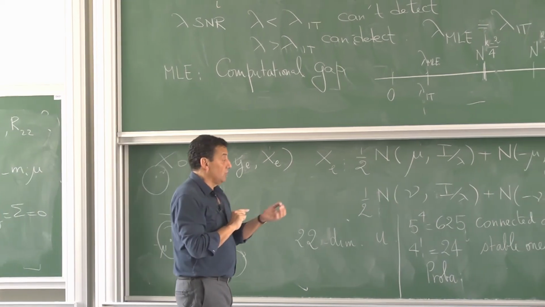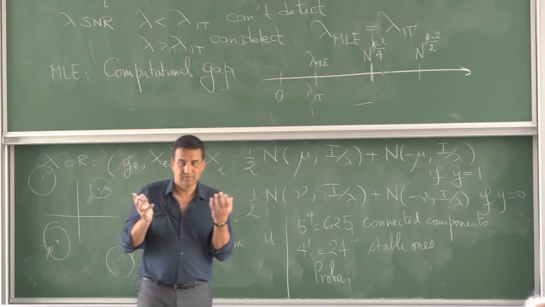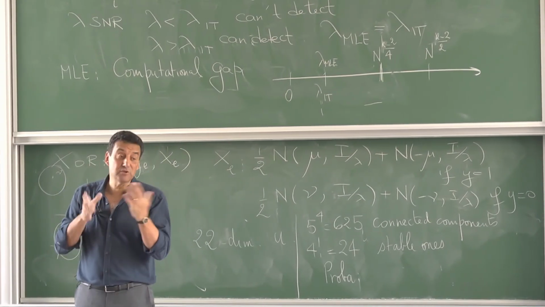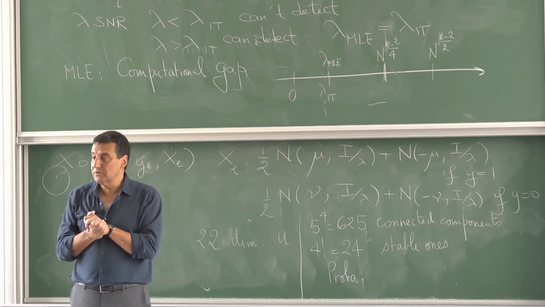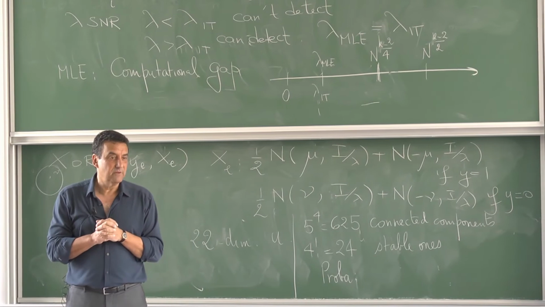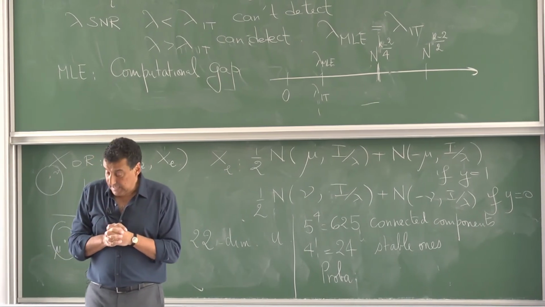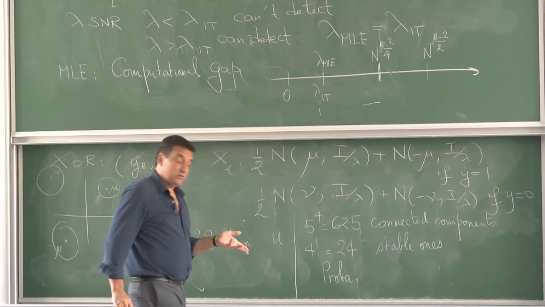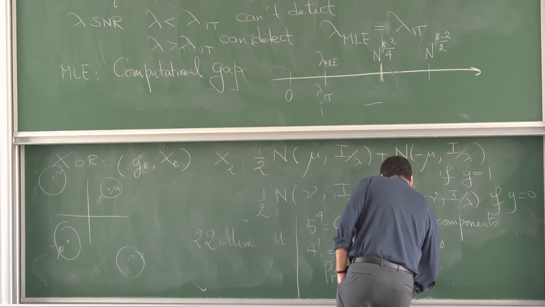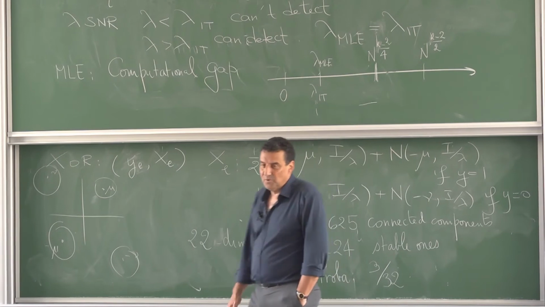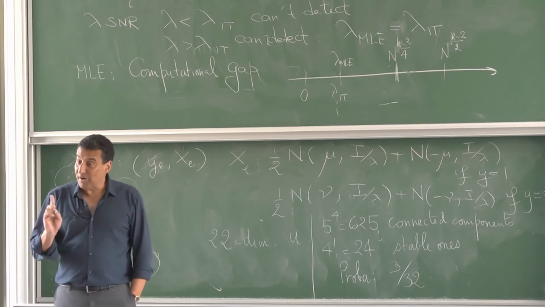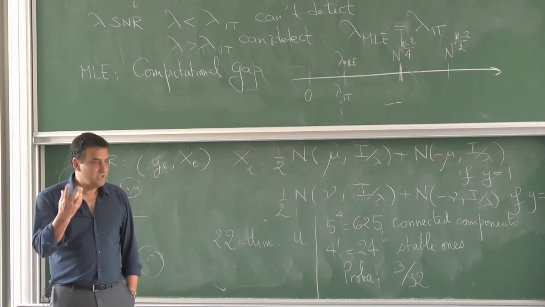Here, of course you could also have warm starts, but guessing a warm start in dimension 22, when you have 625 components, is a little more complicated, right? But so what is the probability to end up at a stable 1? You can compute. It's 3 out of 32. Nobody cares. I don't care about 3 out of 32. But the important thing is that it's positive, right? It's not going to 0.